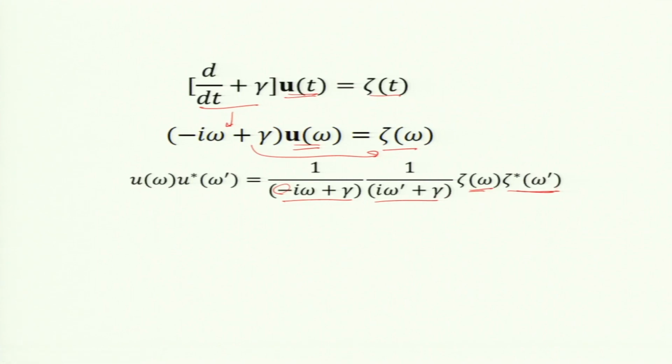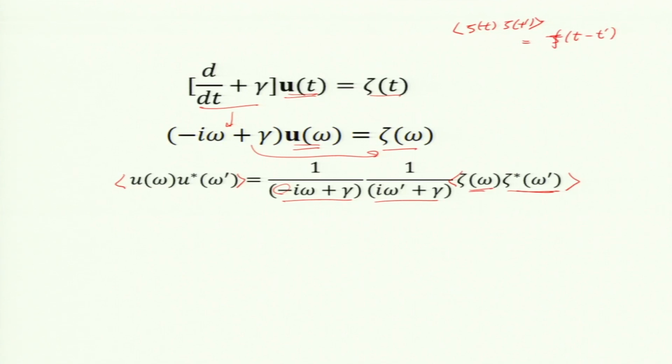Now, we do the ensemble average, with the assumption that zeta is stationary, that means its distribution does not change with time, and is homogeneous, that means the correlation of zeta of t and zeta of t prime is only a function of t minus t prime.